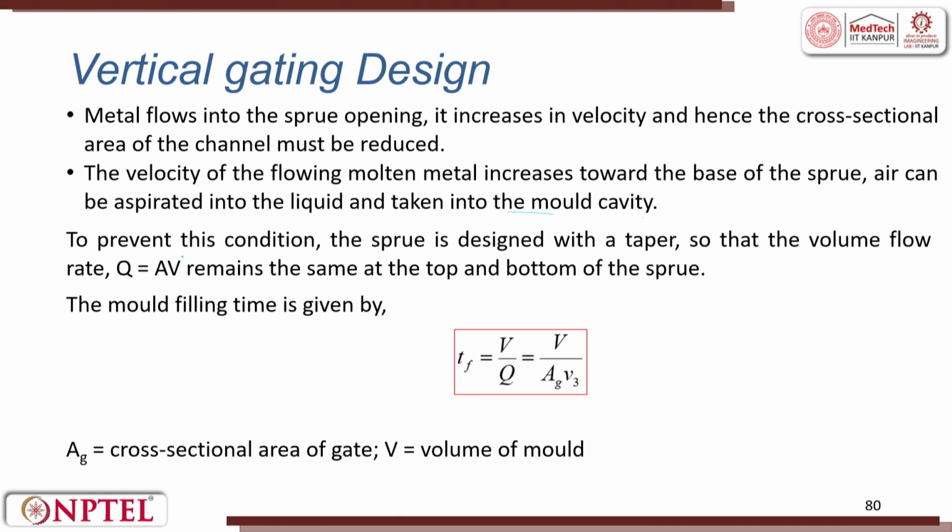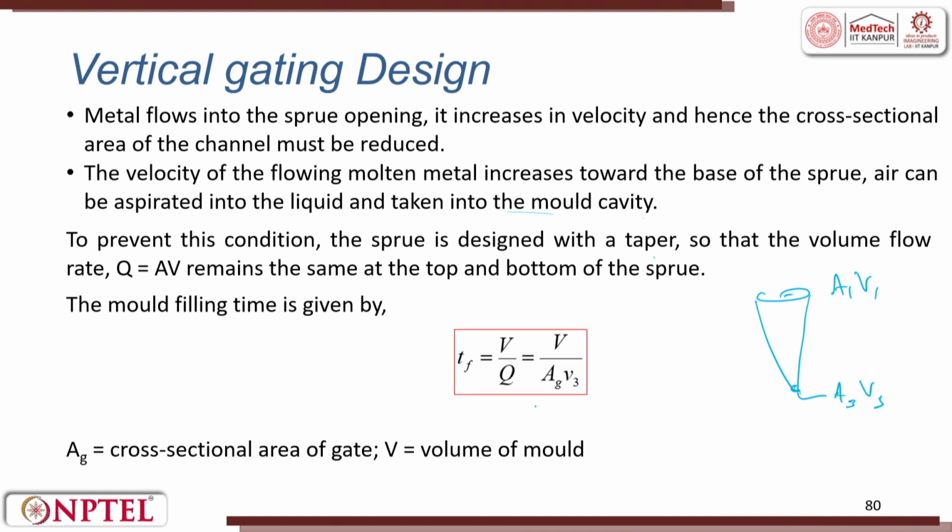Please be careful. To prevent this condition, the sprue is designed with a taper, so that the volume flow rate Q equal to AV remains the same at the top and the bottom of the sprue. So, we try to have A1 V1 equal to A3 V3, right.